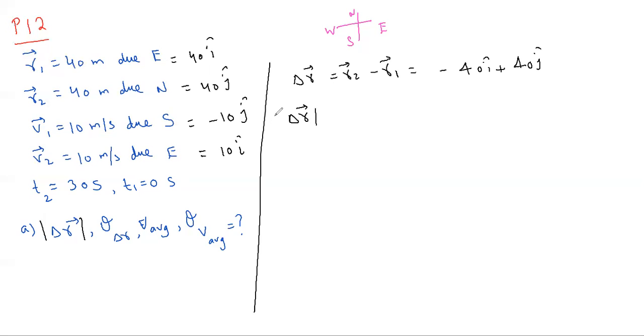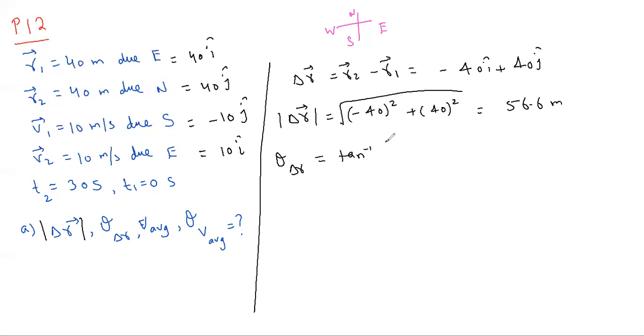So delta r equals square root of minus 40 square plus 40 square. So this will be 56.6 meter. And theta of delta r, tangent inverse of minus 40 over 40. So either this will be minus 45 degree or 135 degree.